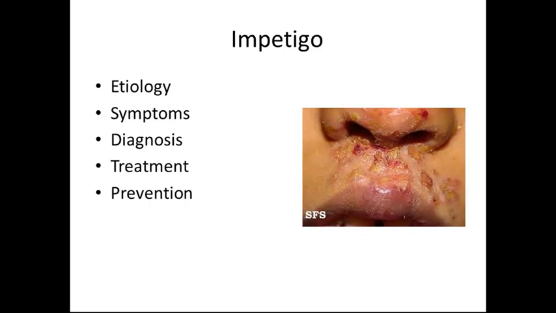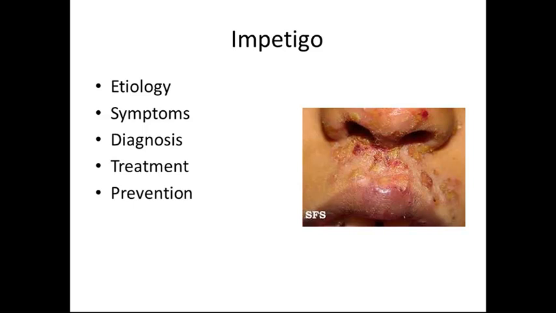Impetigo is a bacterial type infection. It is mainly due to poor hygiene and malnutrition. The etiology is Streptococcus and Staphylococcus bacteria. The symptoms are vesicles or pustules that rupture, producing a yellow crust over them.